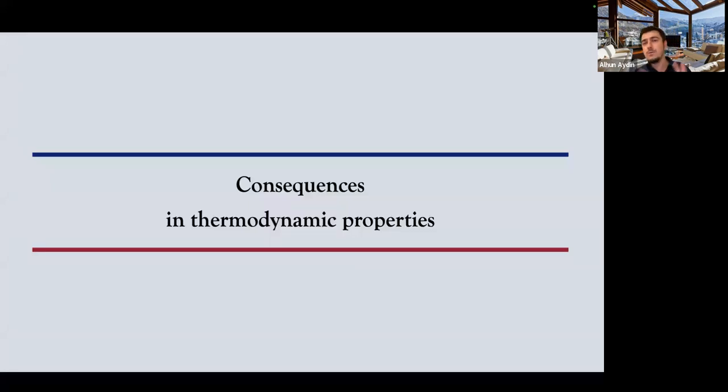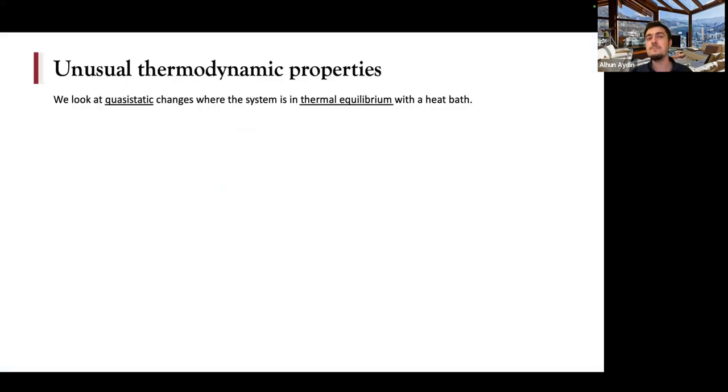Okay, now we have looked at what non-uniform level scaling is and how it changes the spectra. Now let's consider the consequences in thermodynamic properties. As I told you before, we are interested in quasistatic changes.